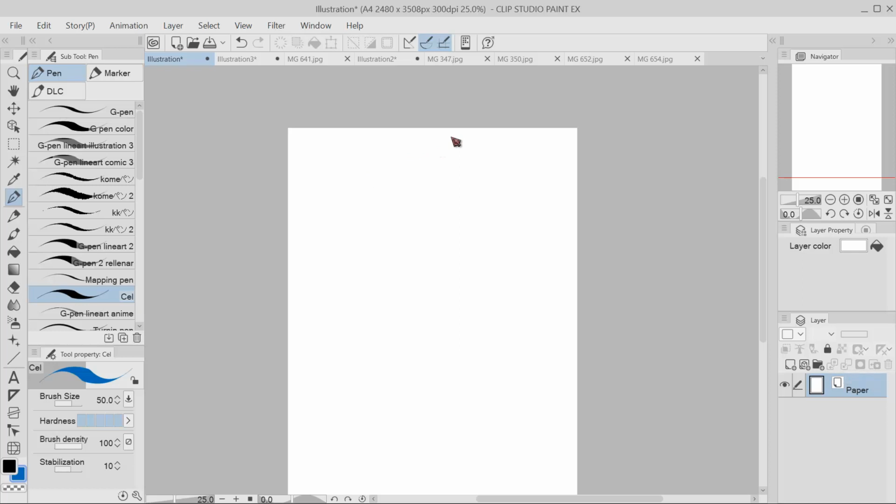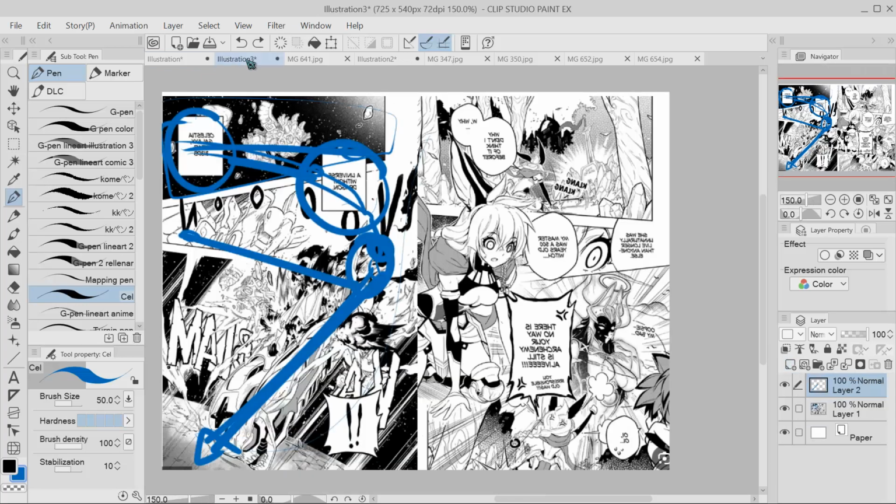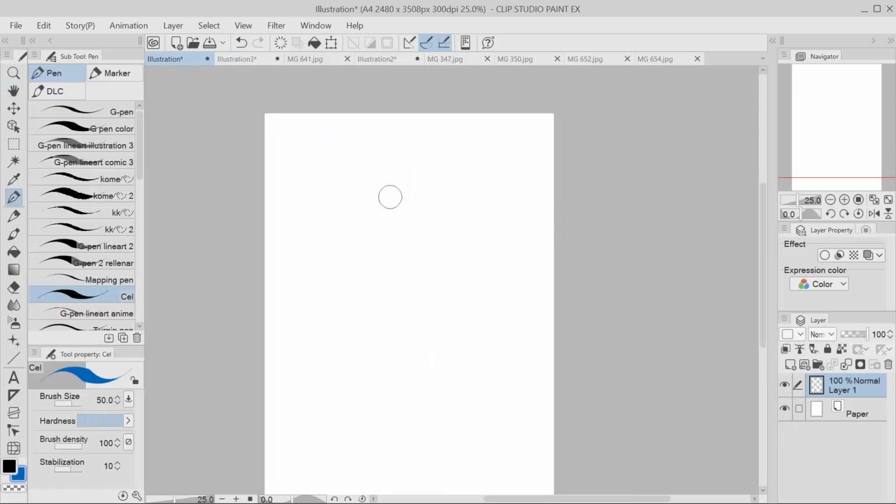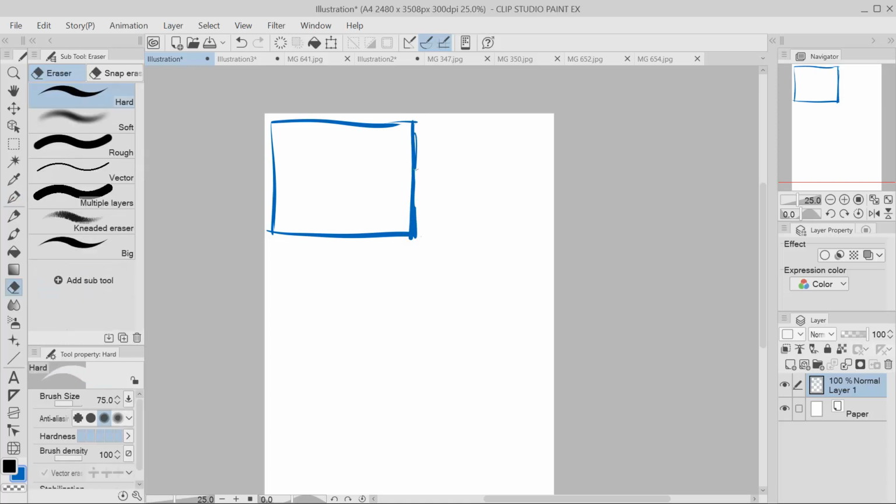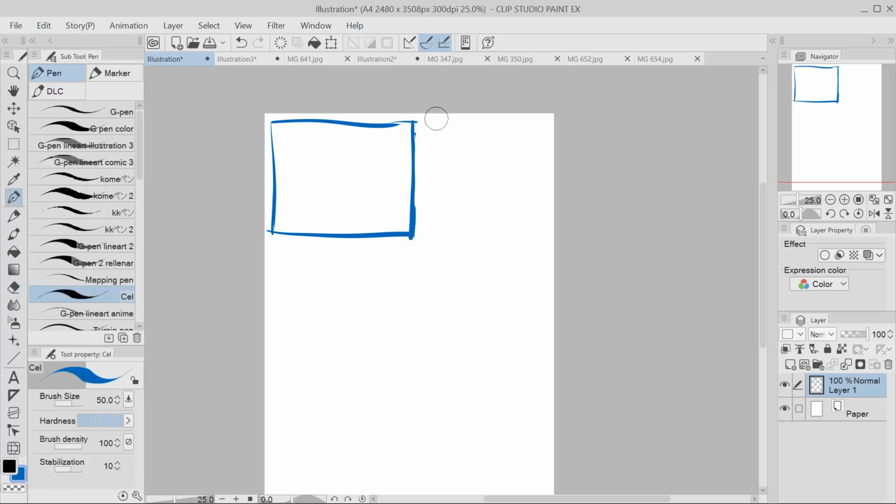Okay, more things. I think I have used an example of this. Another way to lead the eyes is, for example, the distance between the panels.